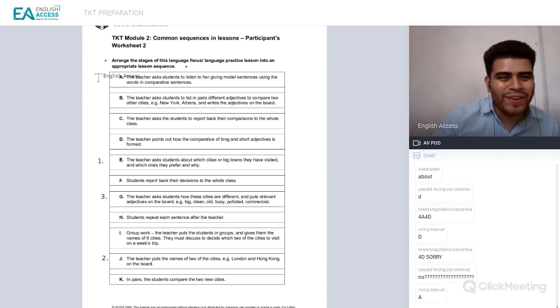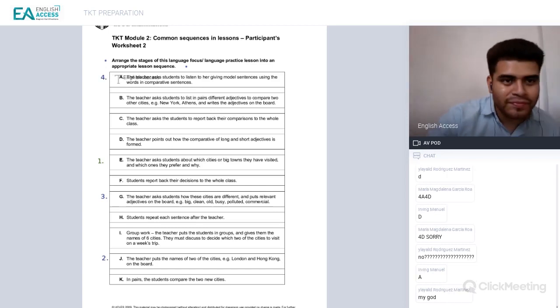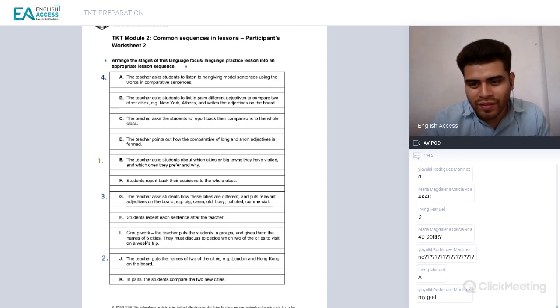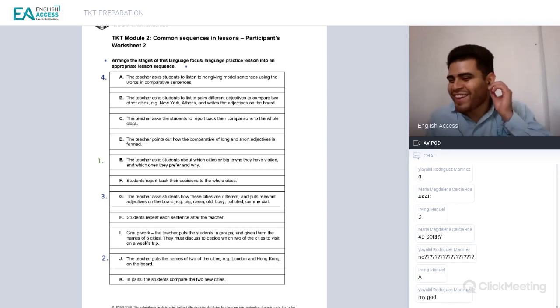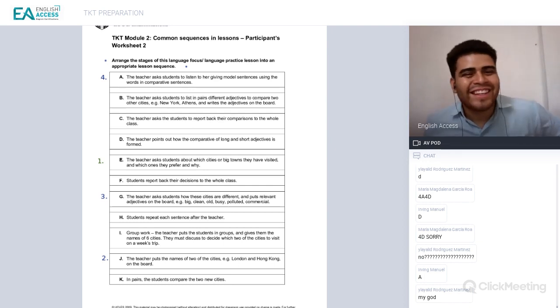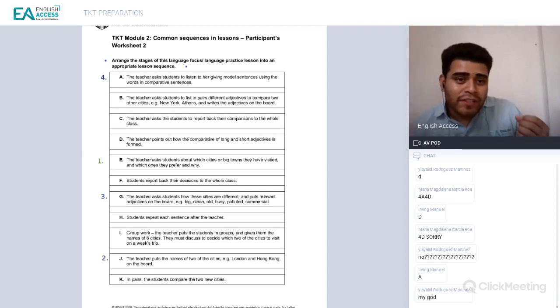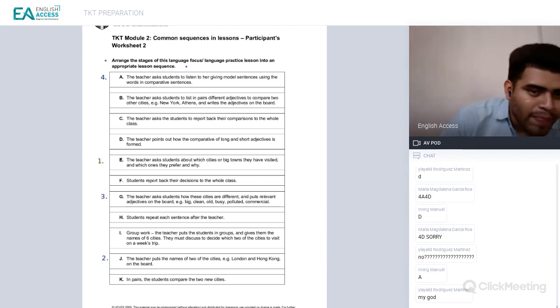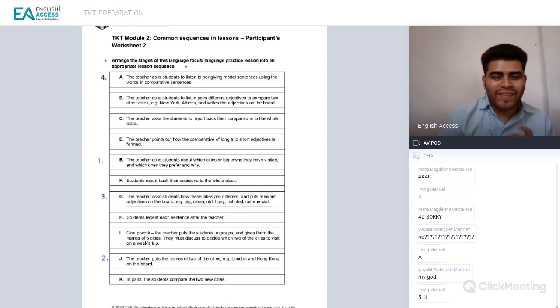Yes, it is A. Number 4 is A. Yes, first you had to present. That's why you give model sentences. That's a way of presenting. And then, before you focus on the form, 5 is H.